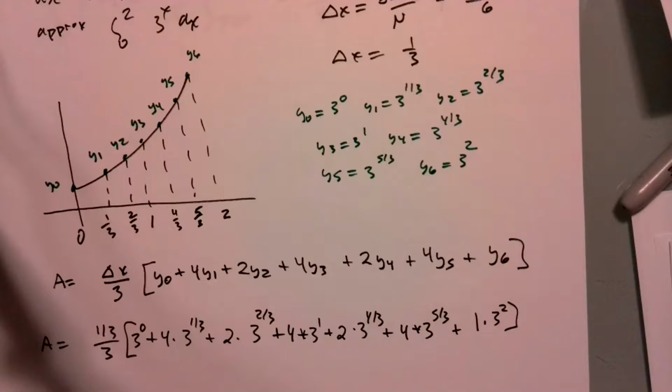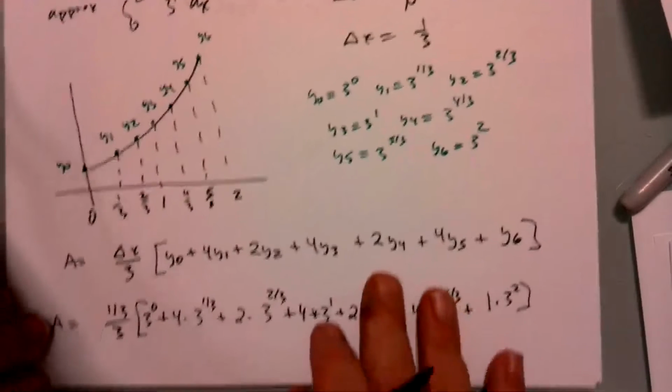So I have 1/9 times that whole sum, and I have an answer. I get 7.2826.